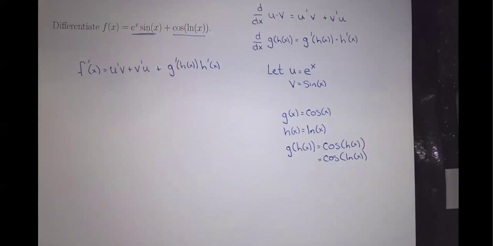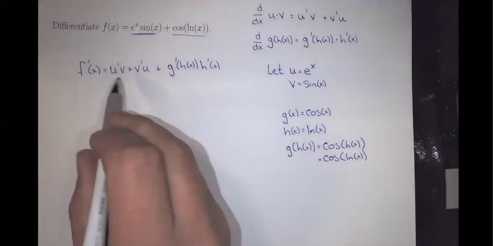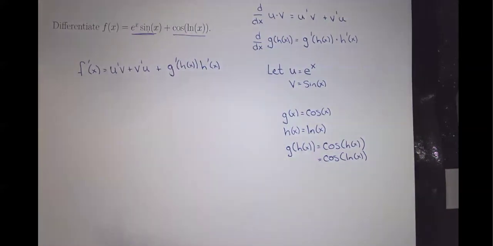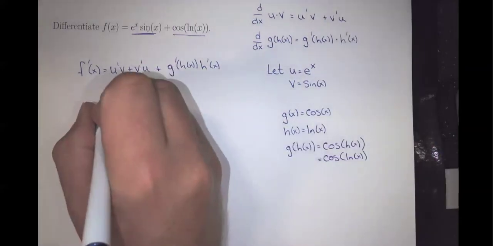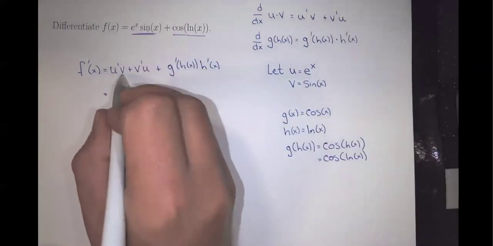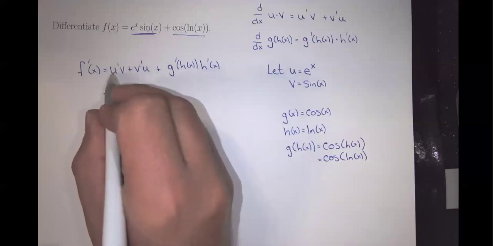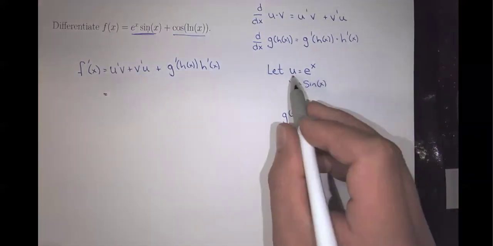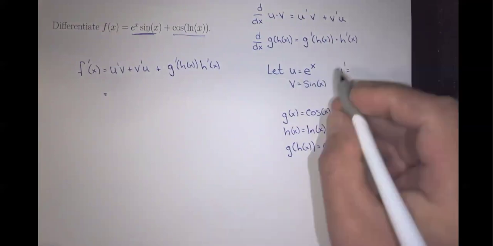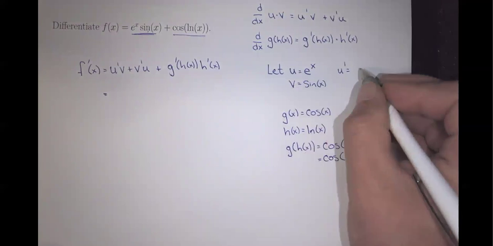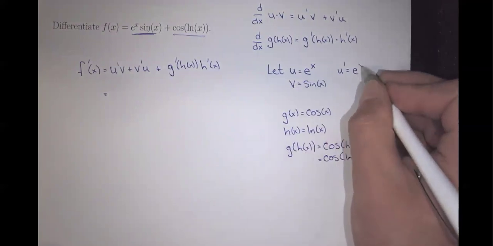Okay, so now we have to figure out what each of these individual pieces is. Going back here, in this first term, we know what v is, but we don't know what u prime is. But if u is equal to e to the x, u prime is the derivative of that, and the derivative of e to the x is e to the x.